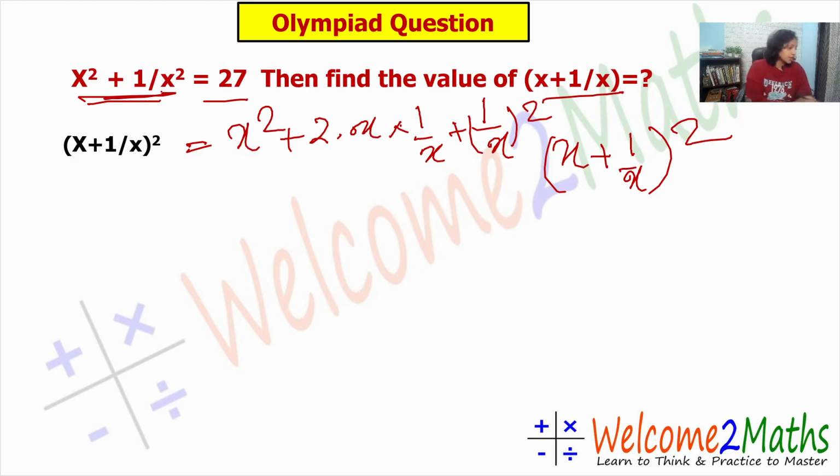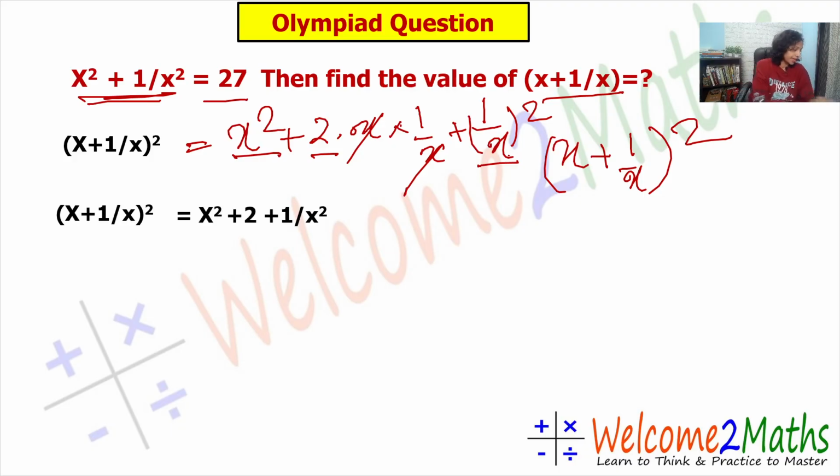Here we can cancel this x and x. Now we have x square plus 2 plus (1 by x) whole square. And the interesting part is that this value is already given, and it is 27.